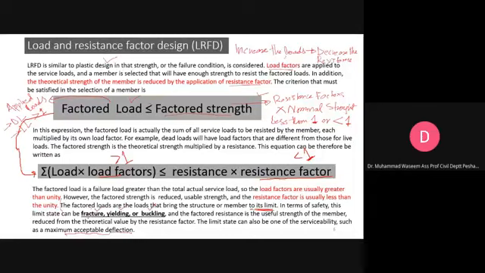These limit states are fracture in the material, yielding in the material, buckling, or the stability failure, and also excessive deflection in your member. So when the factored loads are applied to a structure, the structure will reach its limit state. And what are those limit states? Fracture, yielding, buckling, excessive deformation. So you should remember that, okay?